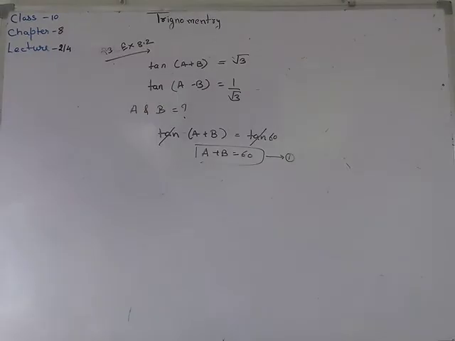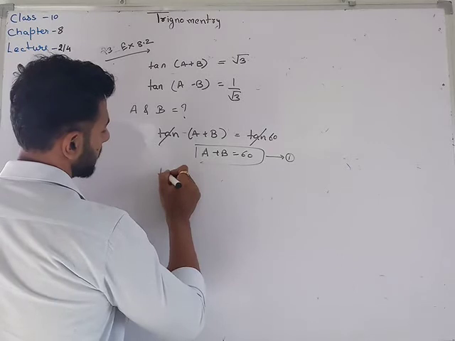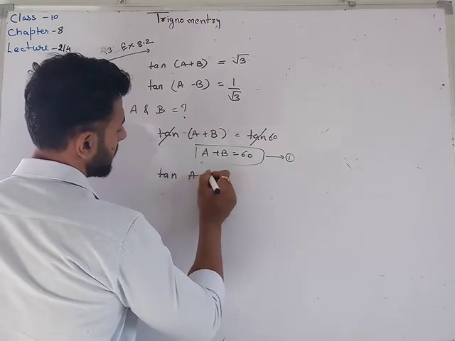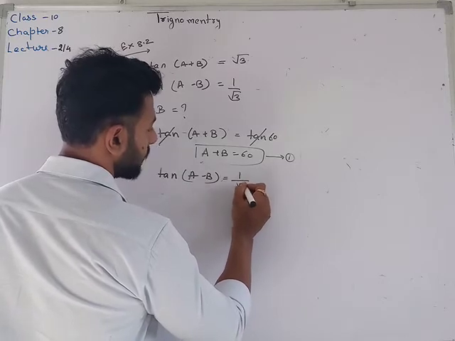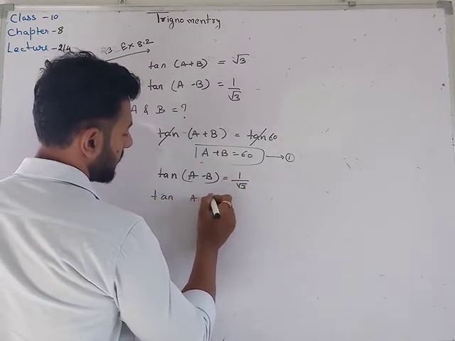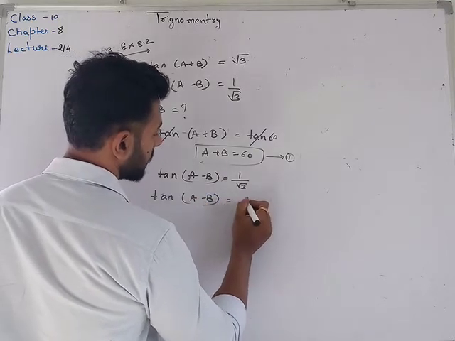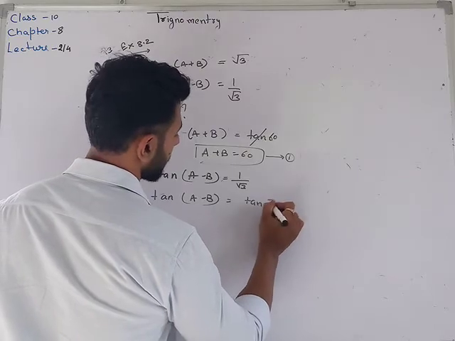Now second, tan A minus B is equal to 1 by root 3. Check in the table. Tan 30 degree can be written as 1 by root 3. Tan A minus B is equal to tan 30 degree.